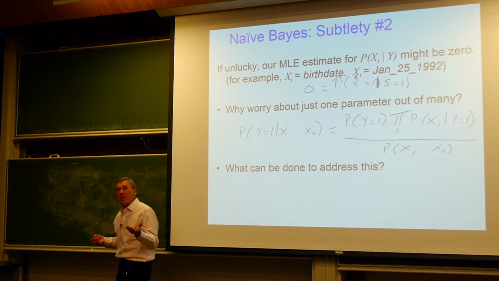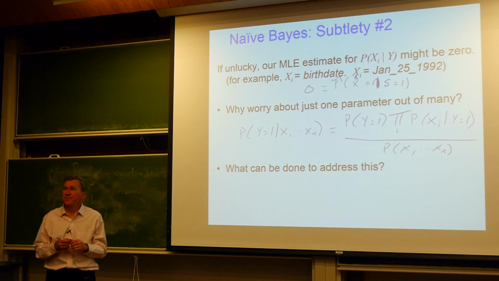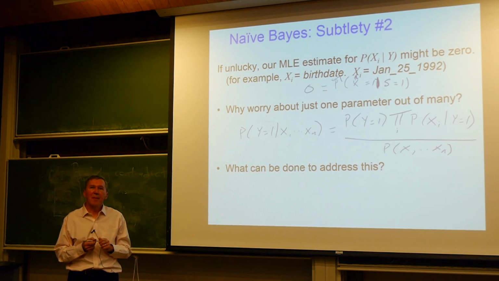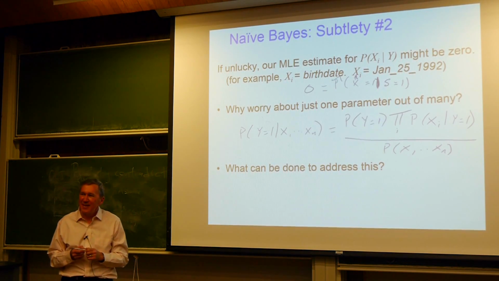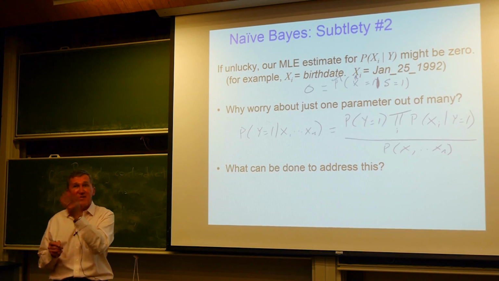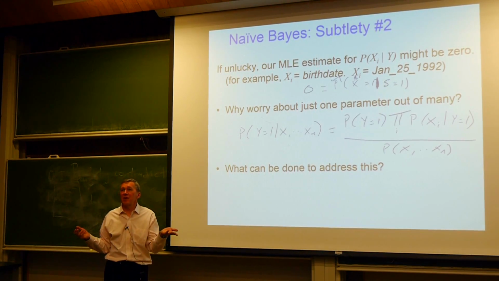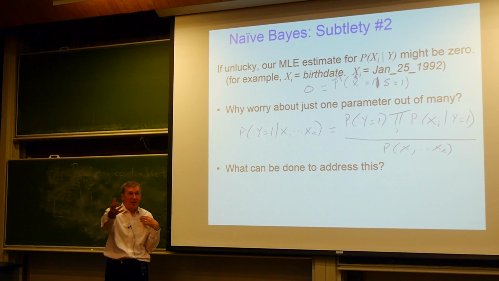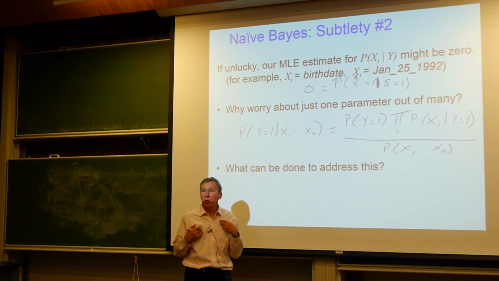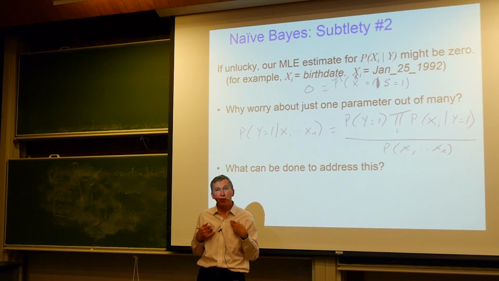So how can we get around that? Suggestions? You know the answer. We can use a prior. Instead of using a maximum likelihood estimate, like we just did, we could use a MAP estimate and put a prior.